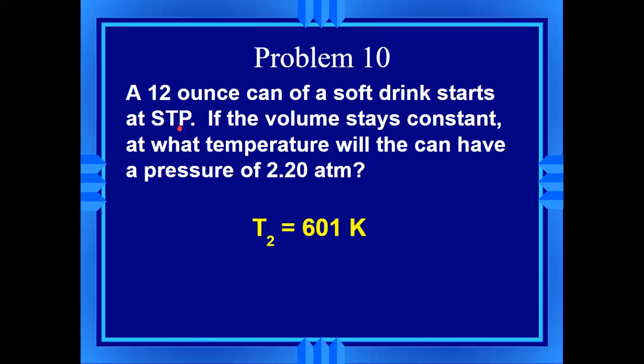So standard pressure in atmospheres is 1 atmosphere. So those are your starting conditions, with your T1 being 273 and your P1 being 1 atmosphere. And then your P2 was 2.2 atmospheres. So when you rearrange that equation of P1 over T1 equals P2 over T2, you'll get that your T2 is 601 Kelvin.